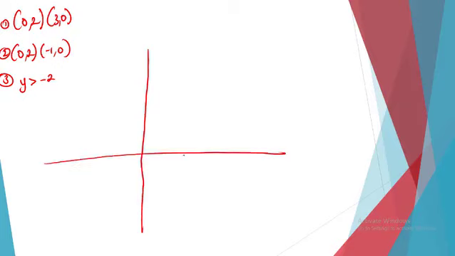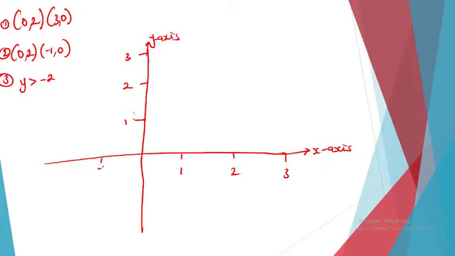First of all, we'll draw a line. 1, 2, 3. This is our x-axis. 1, 2, 3. This is our y-axis.